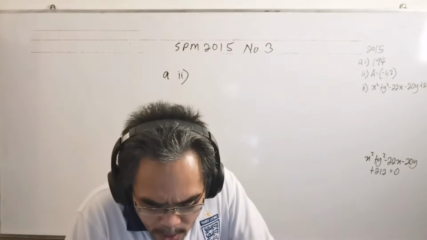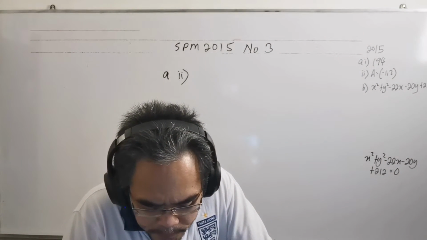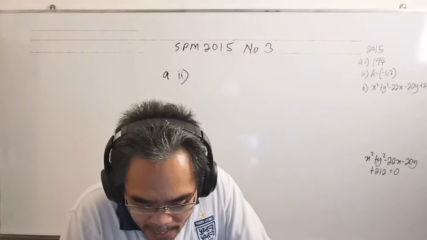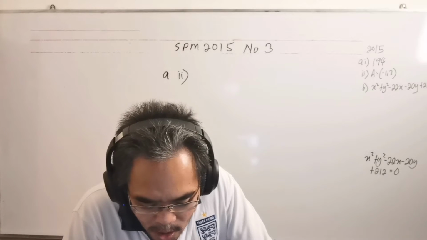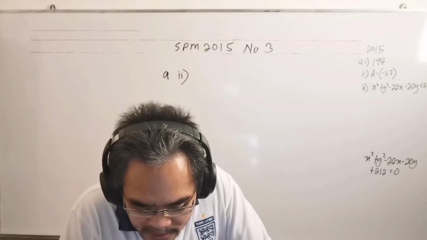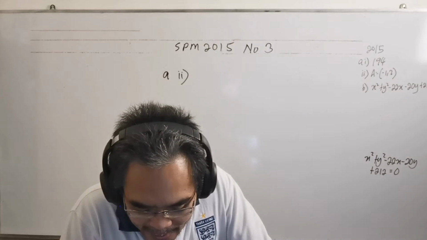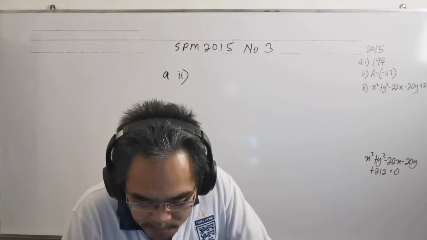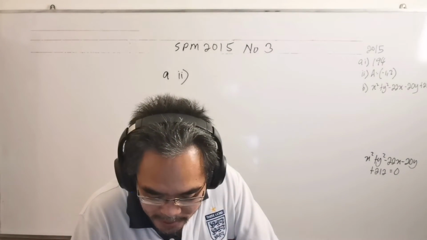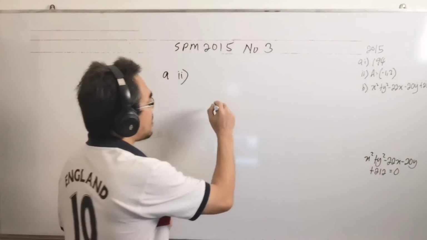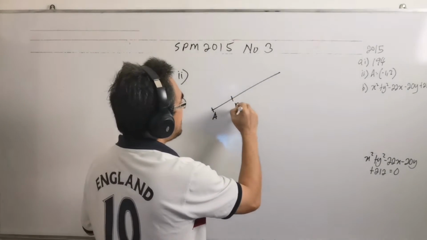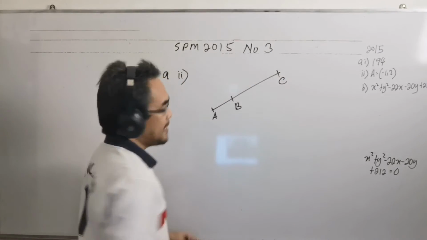Okay, we have to read the question again. Diagram 3 shows a campsite OPQR that had been cleared by a group of scouts. Points A, B, and C are the centers of the tents A, B, and C respectively. A, B, and C are collinear, meaning we can draw A, B, and C in a line.